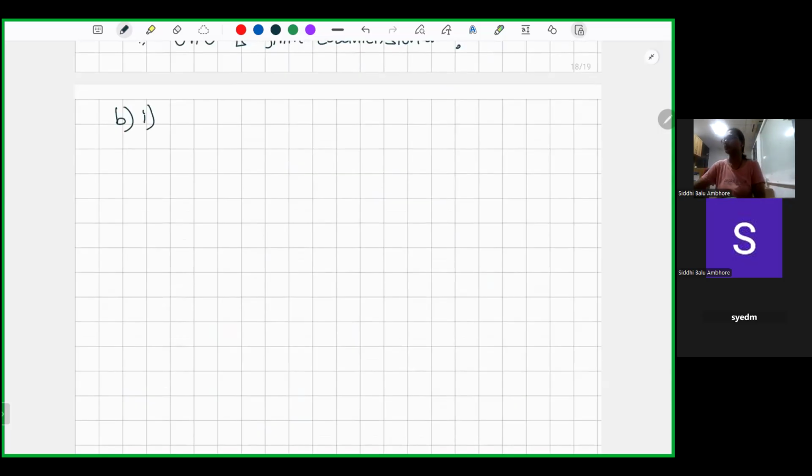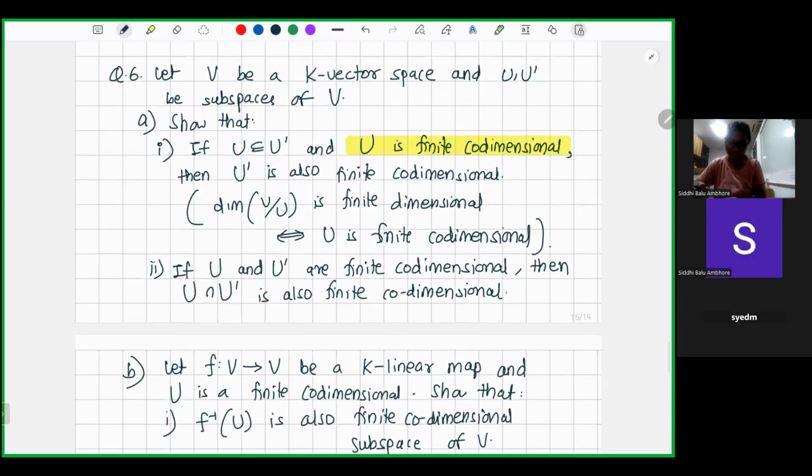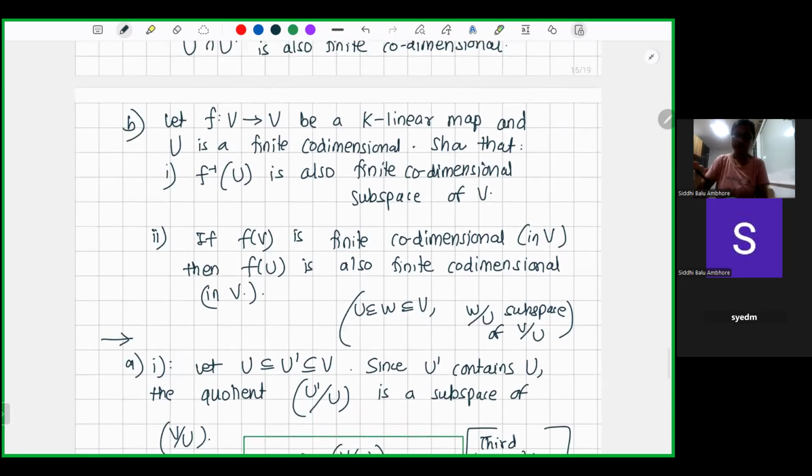And what is the question? Let us read the question again. F is a k-linear map from V to V, that is okay. And U is given finite codimensional. What we have to prove is F inverse U is also a finite codimensional subspace of V. That is, the dimension of V quotient F inverse U is finite.